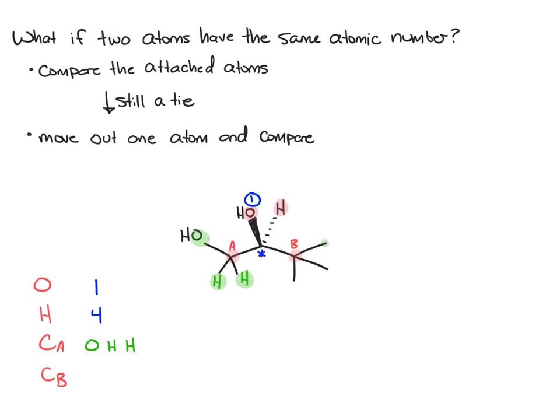On carbon B, we have a carbon, and a carbon. What you want to do is look at all of these atoms and see if anything wins by atomic number. Well, carbon A has an oxygen which has a higher atomic number than any of these three carbons attached to carbon B. For that reason, it gets priority. So that'll be number 2. Carbon B will be number 3.